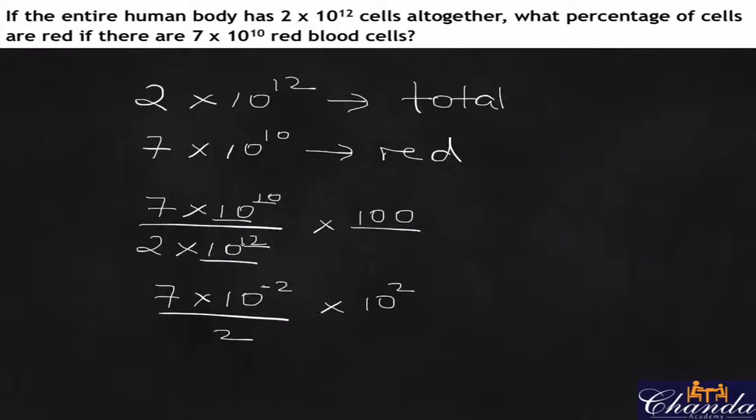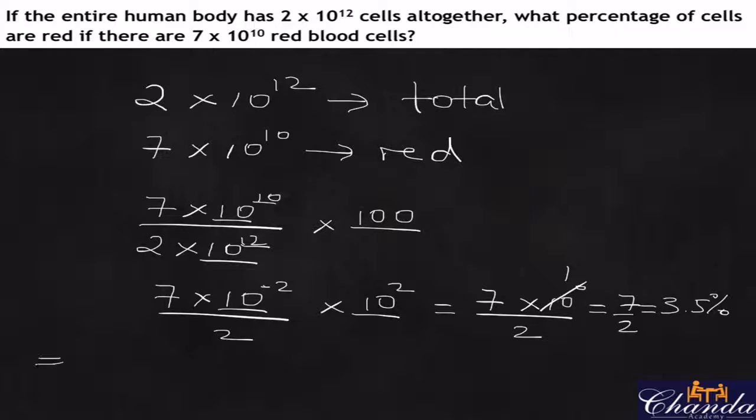And then now, reverting back to our first index law, we know that 10 to the power of negative 2 being multiplied to 10 to the power of 2, the powers simply get added together, so negative 2 plus 2, giving us 7 times 10 to the power of 0 divided by 2. So 10 to the power of 0 is simply a 1, so 7 times 1 over 2, which is simply 7 over 2, which equals 3.5%.